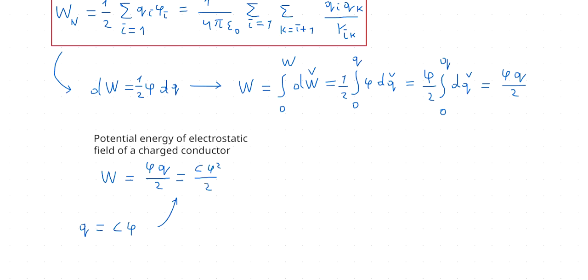And we can also write that the electrostatic potential is equal to Q divided by capacitance. So from here we have that it is equal to Q to the power of 2 divided by 2 multiplied by capacitance.